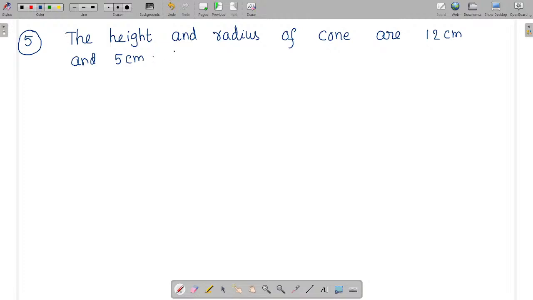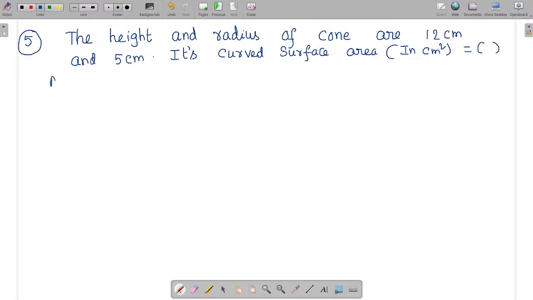Its curved surface area in centimeter square equals to.